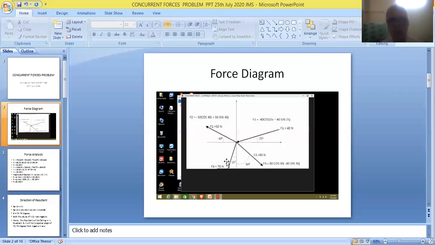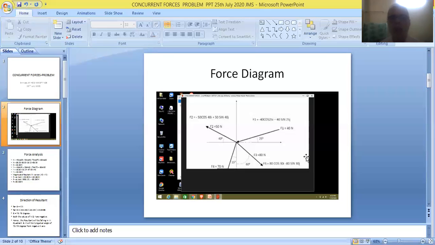So friends, this is the way of indicating forces. Capital letter F has to be used for indicating forces, and here we have a number of forces, so numbers are given for these forces.